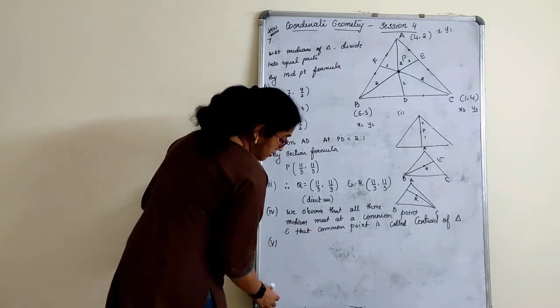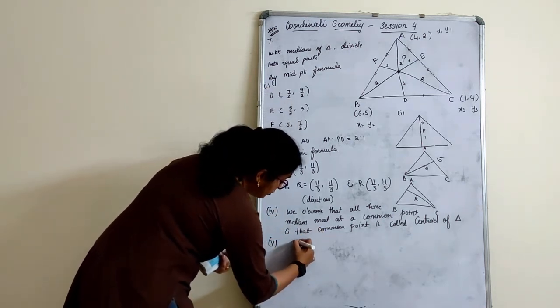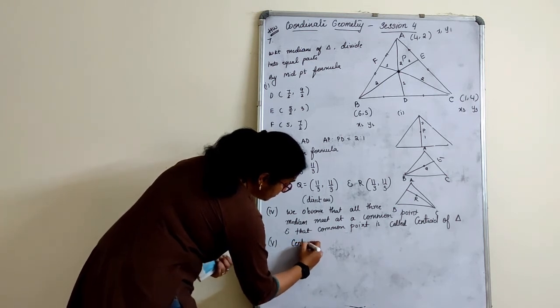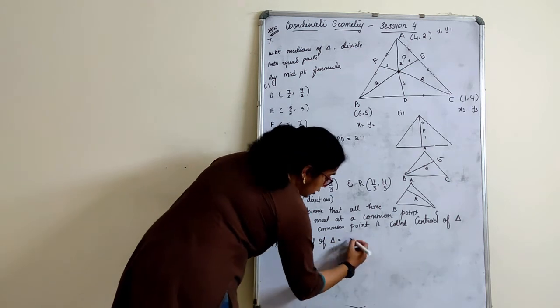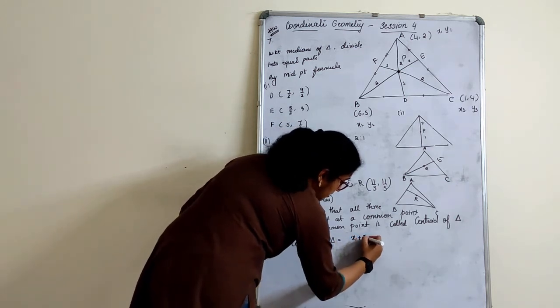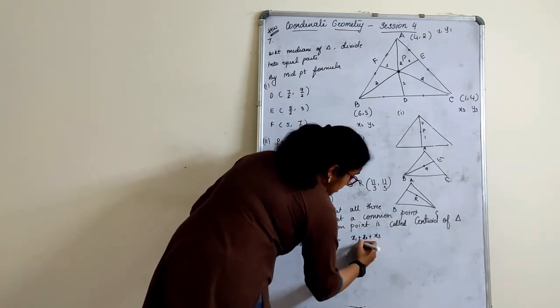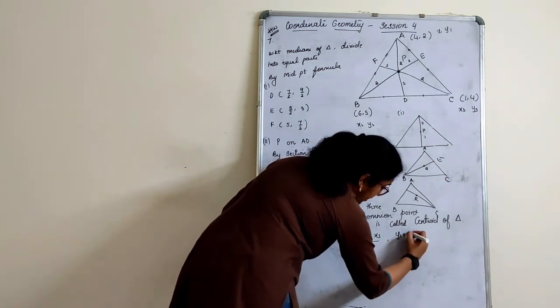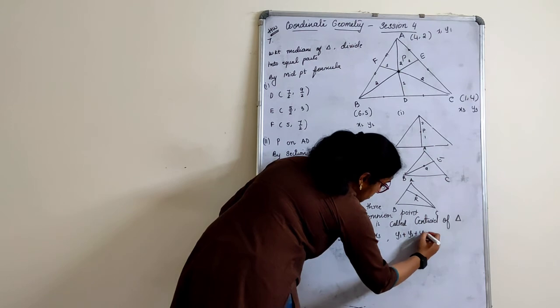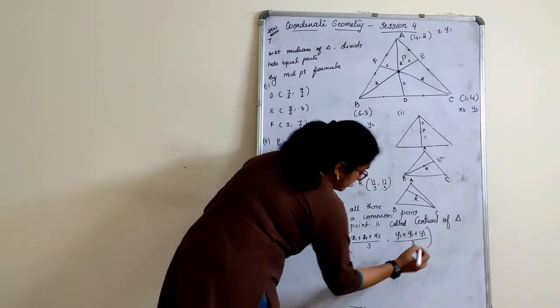Fifth one you answer as: centroid of a triangle is equal to (x1 plus x2 plus x3) divided by 3 comma (y1 plus y2 plus y3) divided by 3.